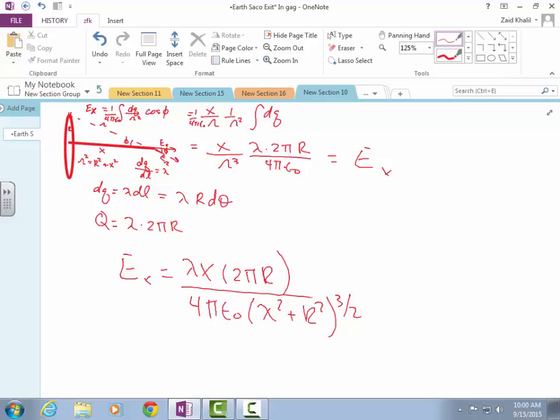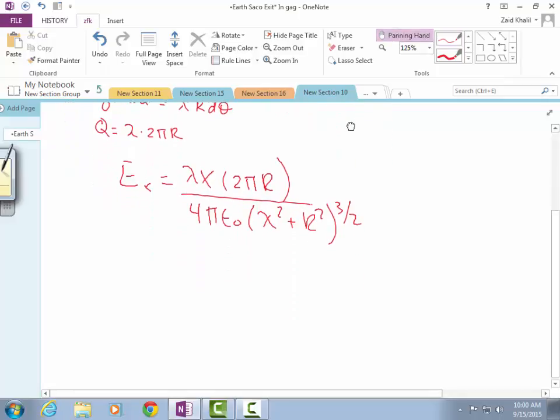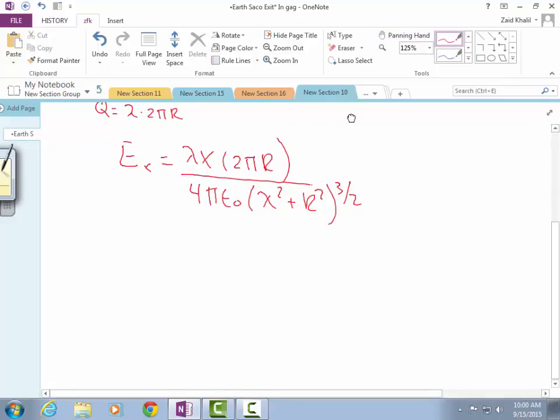Let's show that. To show this, x is significantly greater than r, so I'm going to factor out.